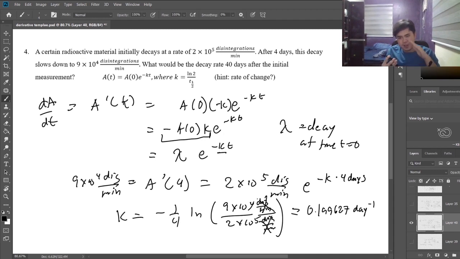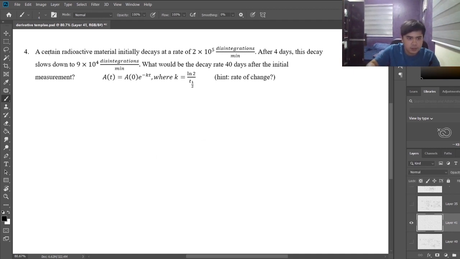So we need to have lots of decimal points in order to get our point across, because this is going to be extremely precise. So that is k. So k is equal to 0.199627 inverse day.